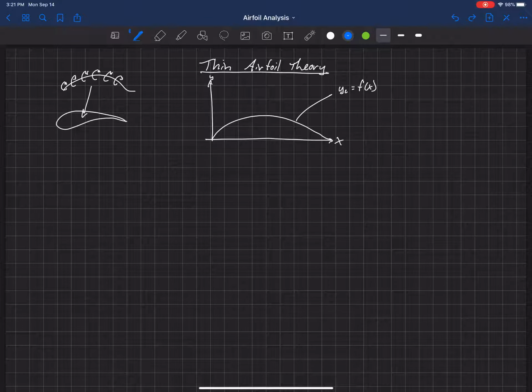And what we're going to try to do is make that camber line a streamline of the flow. So here we've got some incoming velocity at some angle of attack alpha. And what we want to do is figure out how to make that camber line a streamline of the flow. And the way we do that with thin airfoil theory is we place a sheet of vorticity along that camber line.